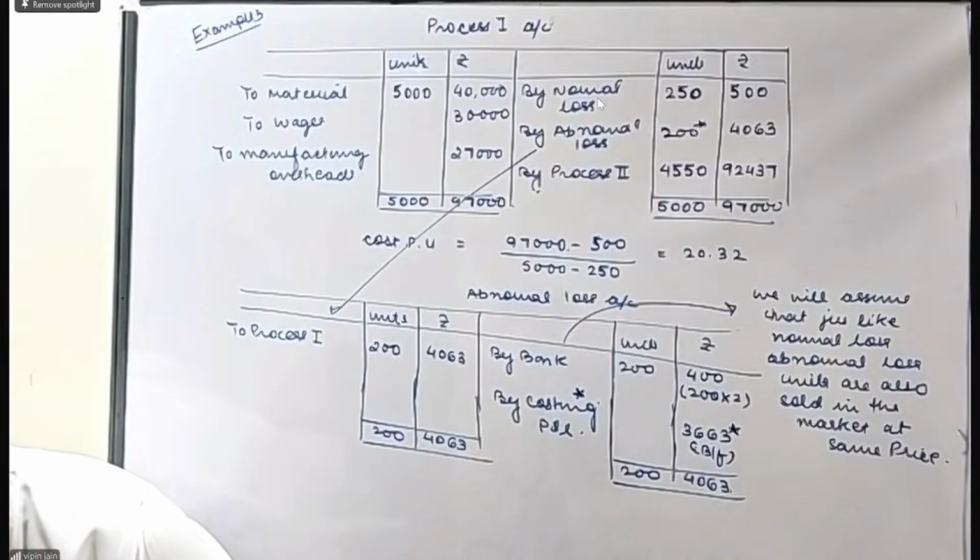So you have to practice a lot in this question type to get your reverse calculation. This is nothing but a reverse calculation. So you have to focus on that area also.